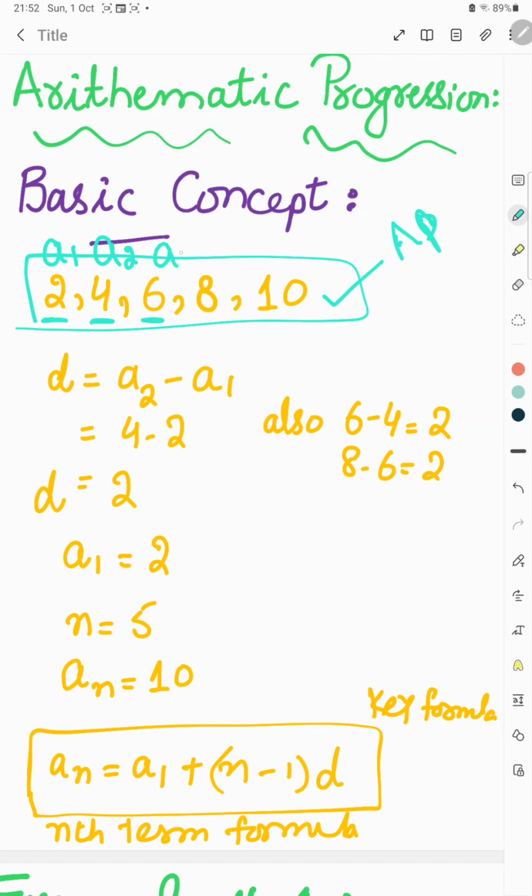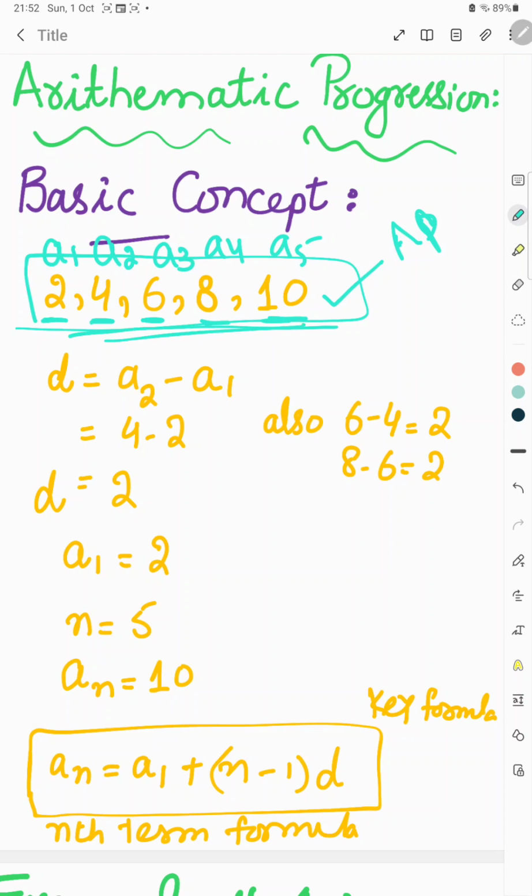The third term is represented by A3. The fourth term is represented by A4, and the fifth term is represented by A5. So when the difference between the previous terms and the next terms is the same, then we will say that the given progression is an arithmetic progression.